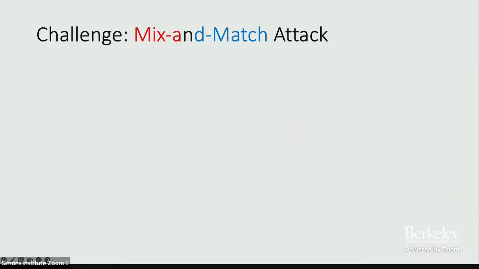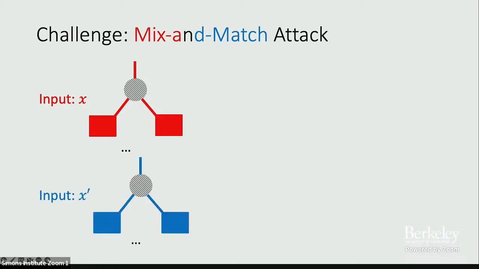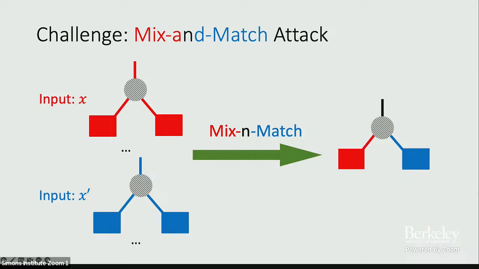But this idea doesn't work directly because of the following mix-and-match attack. Consider an adversary that can observe the obfuscated program. The adversary can run this obfuscated program for two different inputs X and X prime, and record the intermediate ciphertexts of these two executions. Now the adversary can take the left ciphertext from one execution, mix it with the ciphertext of the other execution, and feed them to the obfuscated gate.